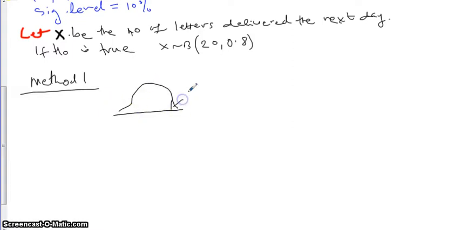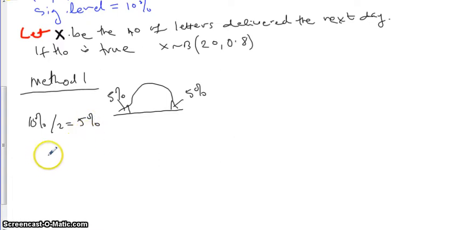We know on this side we must have 5%, and on this side we've got another 5%. So together they make up our 10% significance level. So 10% over 2 gives us 5% either way.